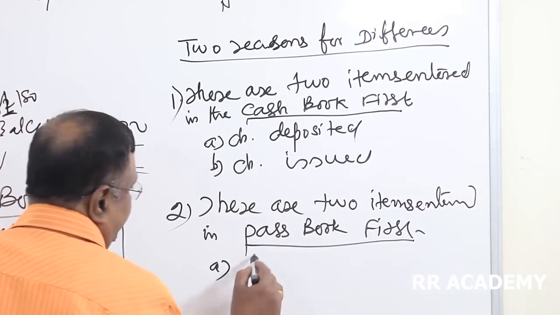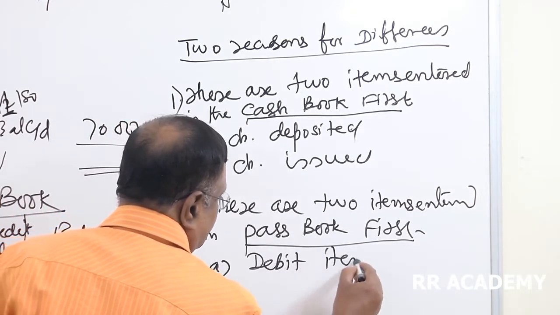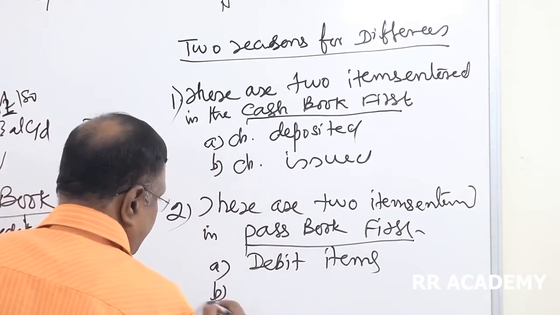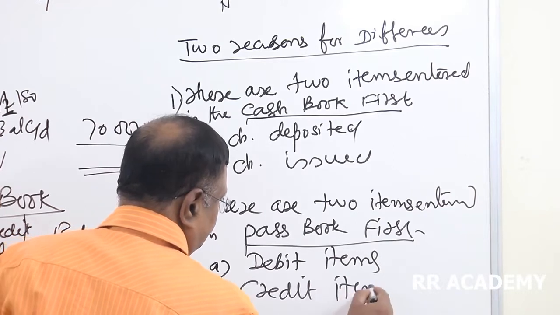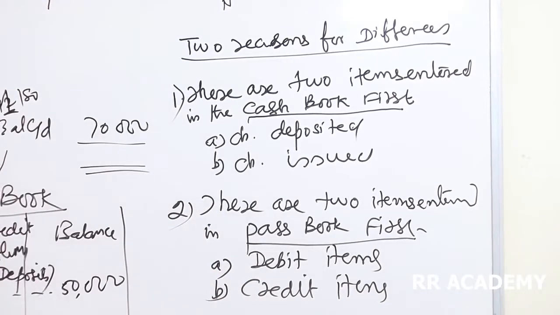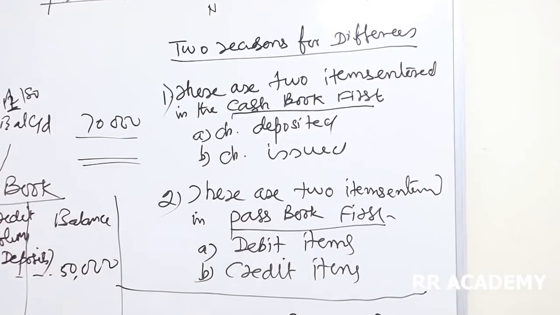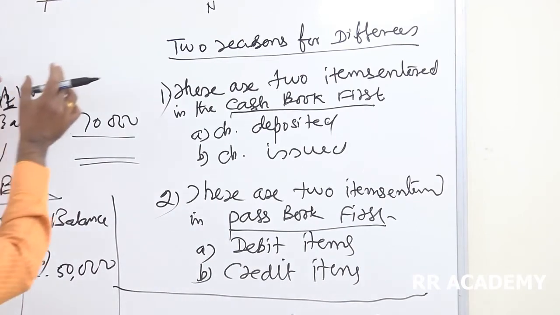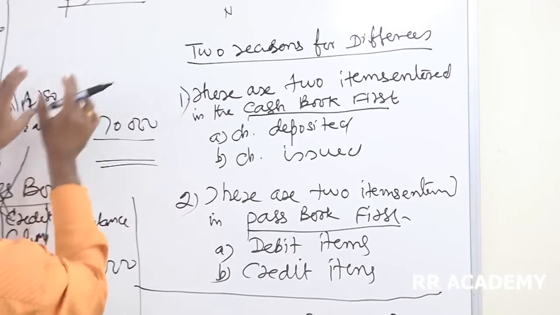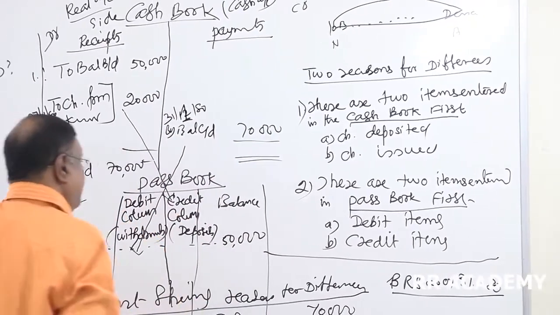Simply we can call them A, debit items, and B, credit items. That's all. These two are very important. Now, there are two items which are entered in the cash book first. What are they? Check deposited, check issued. It will take 4 or 5 days' time. That is why the difference will be there.